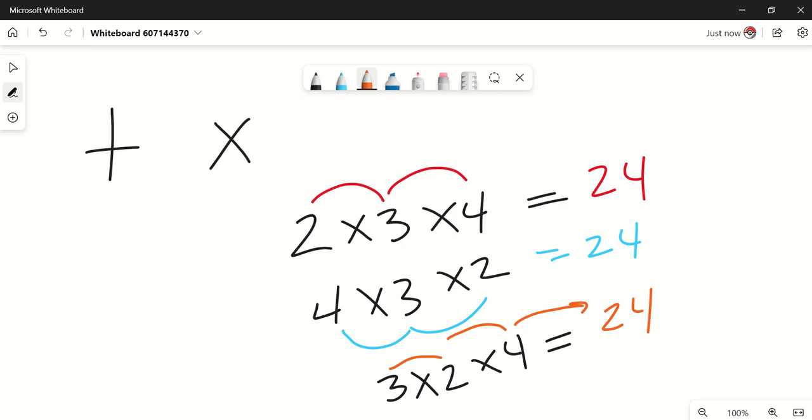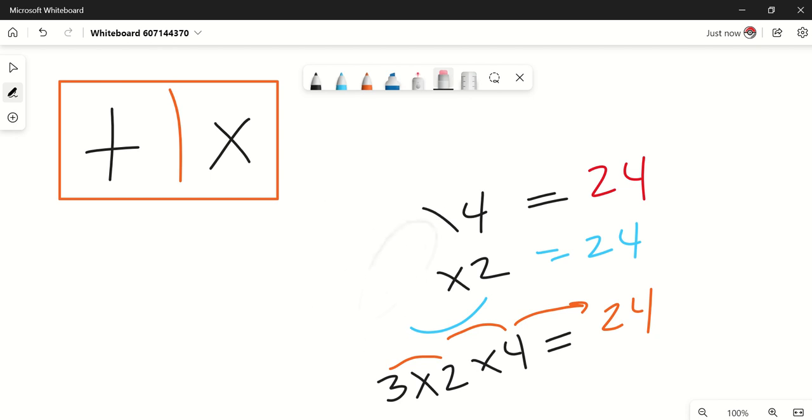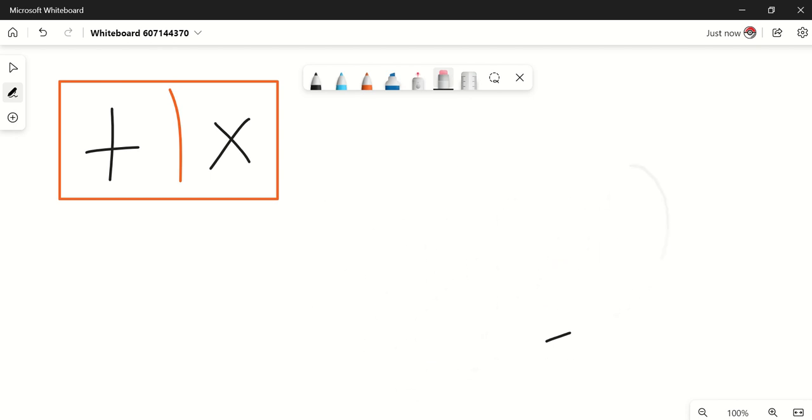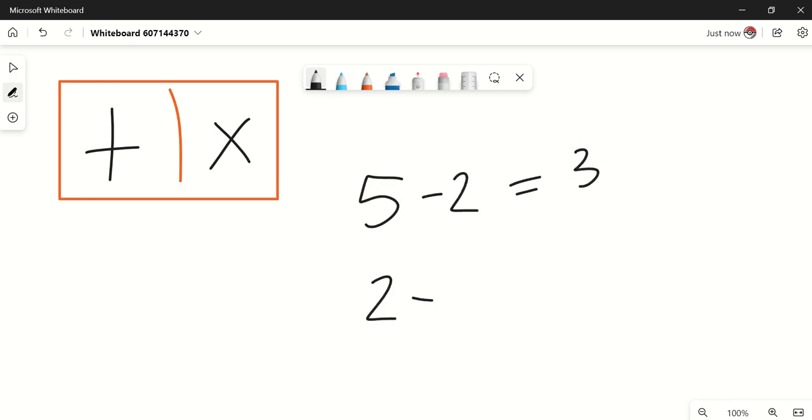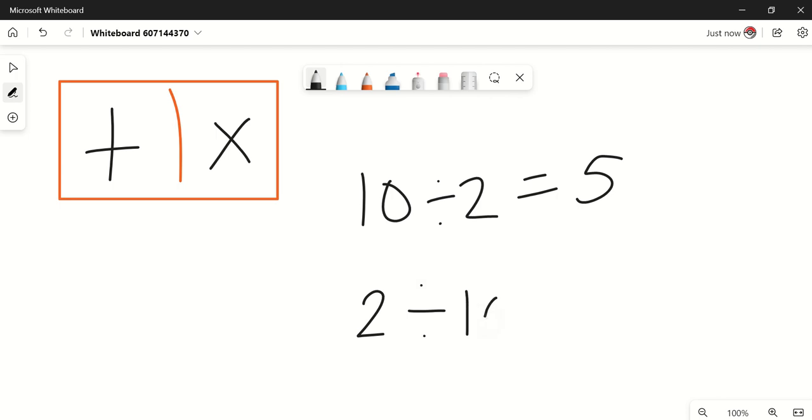So the commutative property will only work with addition and multiplication. Subtraction and division are completely different and will not work with the commutative property. For example, 5 minus 2 would equal 3. 2 minus 5 does not equal 3. That'll actually equal negative 3. And the same thing can be said about division. 10 divided by 2 will equal 5, but 2 divided by 10 will not equal 5.